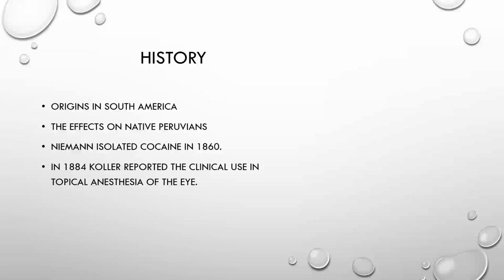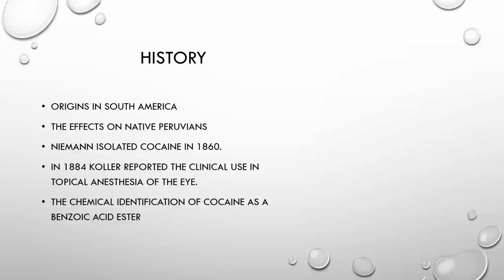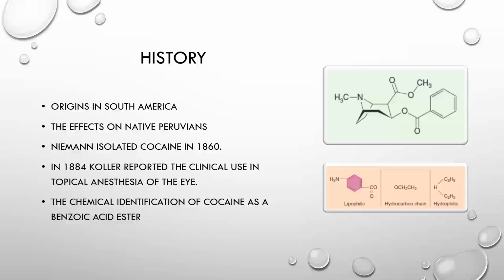But it wasn't until 24 years later that its clinical utility was discovered, when Koller started using it as a topical agent for eye surgery. Cocaine was a benzoic acid ester, so this paved the way for development of many similar compounds that are used in clinical practice today.